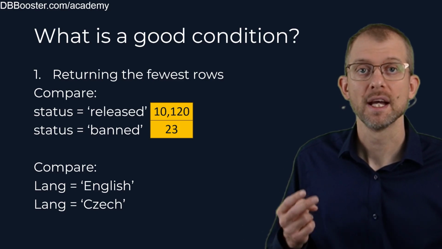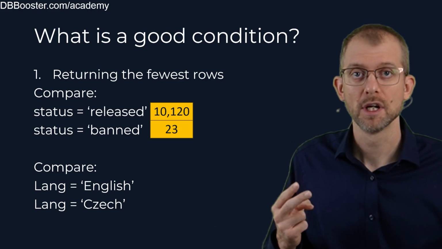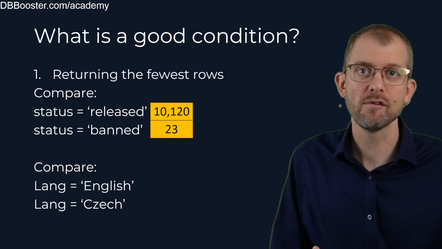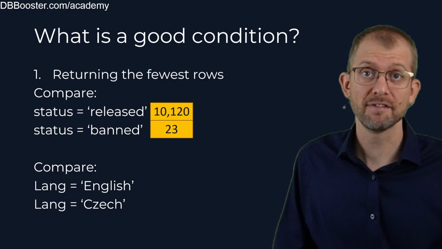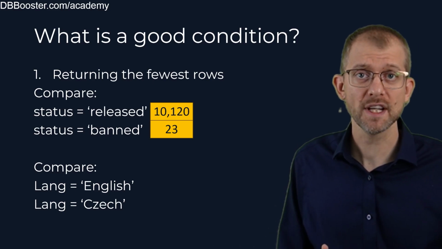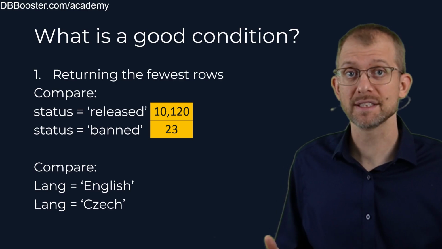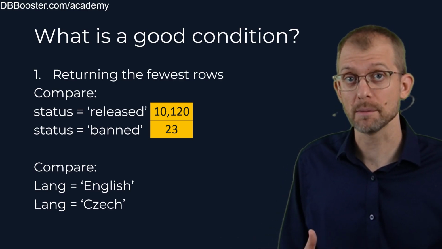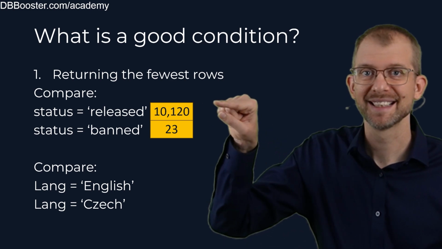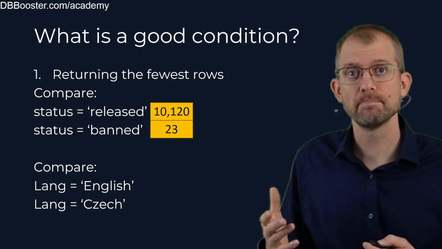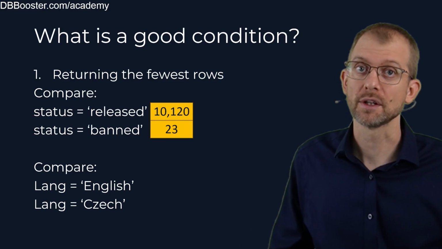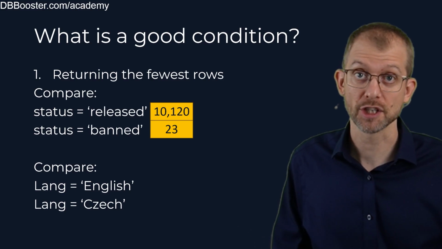I have only these 2 possible values, so status equals released doesn't help me avoid accessing rows. In fact, it returns almost everything. That means it's not selective, and if I still need to perform a table lookup, this condition doesn't really help, especially considering that status is a character-based value which can also make the index larger.